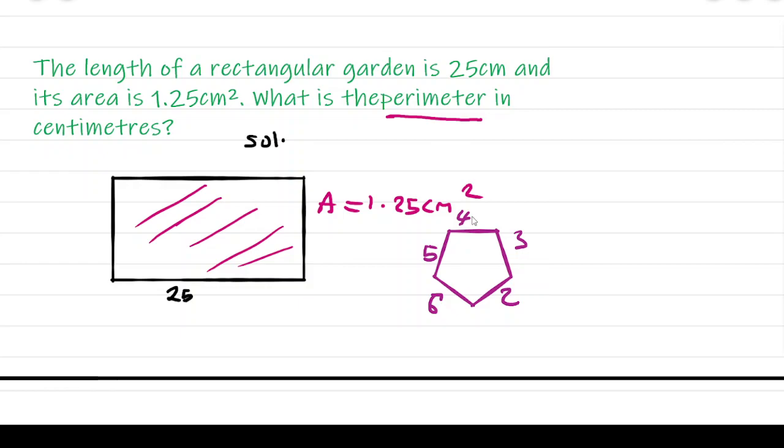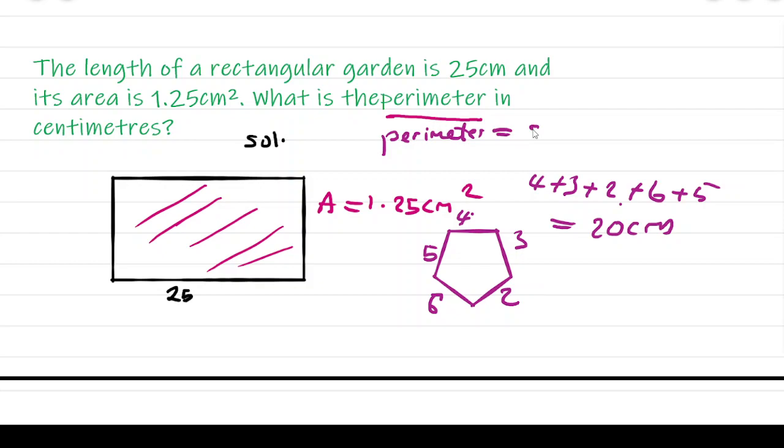So if you add the sum of the sides, 4 plus 3 plus 2 plus 6 plus 5, 7 plus 2 is 9, plus 5 is 14, plus 6 is 20. This 20 centimeters will be the perimeter. That is, perimeter is the sum of the sides.